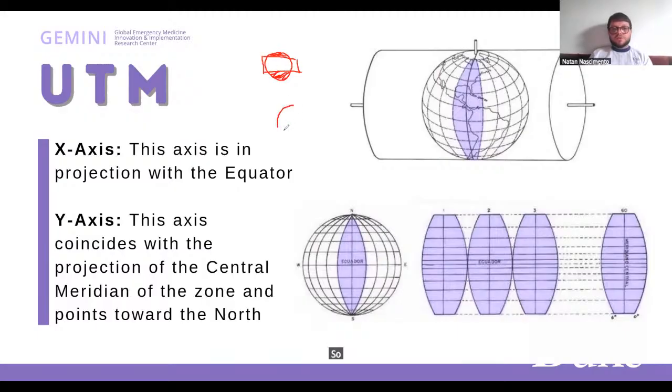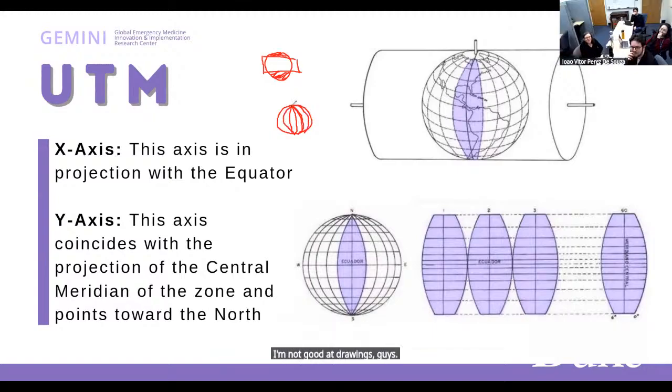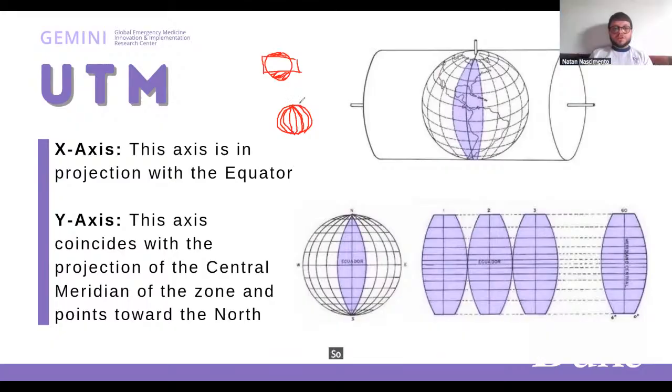So what we do, we divide it like we're dividing an orange. I'm not good at drawings, guys. So if we're dividing this way and we take out this piece, it will be like this.